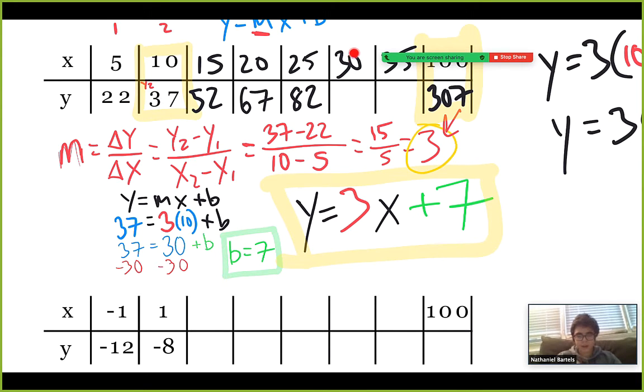So we have to figure out what the value of y is when x is 30 given this rule. So 30 times 3 is 90. Plus 7 will give us 97. Nice. And then 35 times 3 is 105.